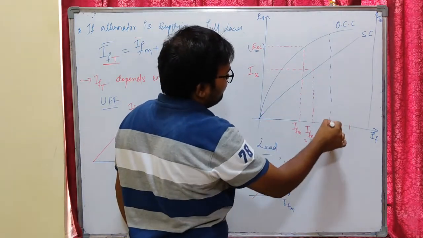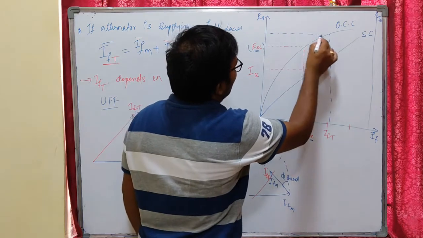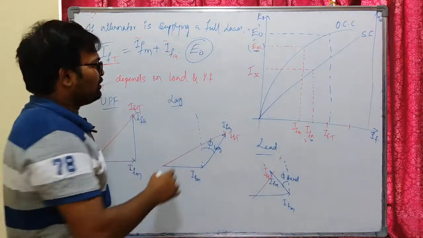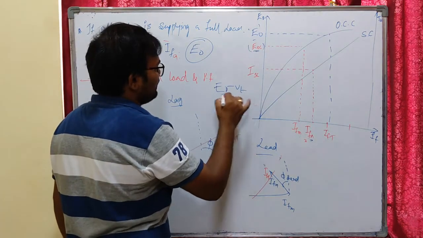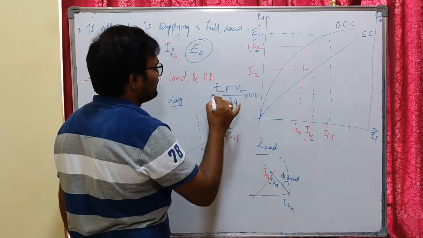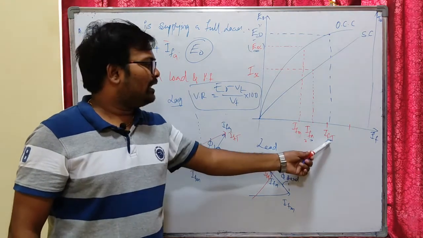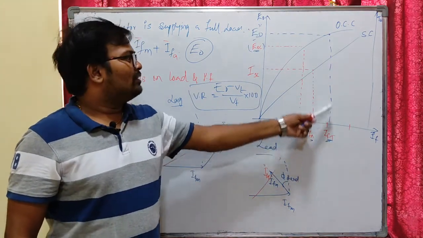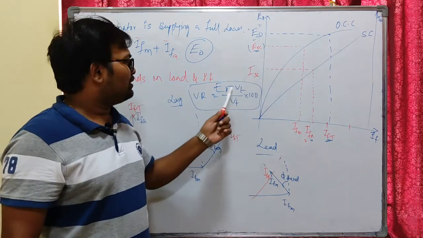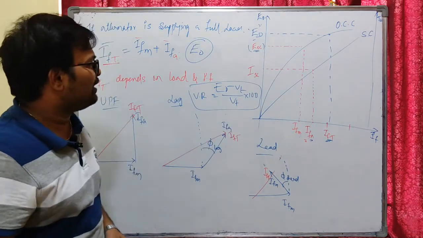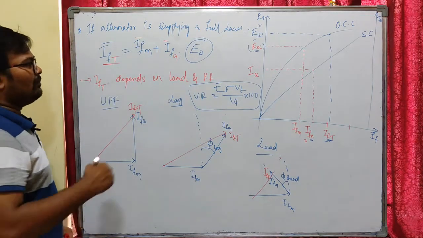For this IFT, the open circuit voltage will be here. This is our open circuit voltage, so that you can find E naught minus Vt by Vt, which is the voltage regulation. So by finding IFT, the total field current, you can find the generated EMF E naught, and then the voltage regulation, E naught minus Vt by Vt into 100. This is how you find voltage regulation in the MMF method.